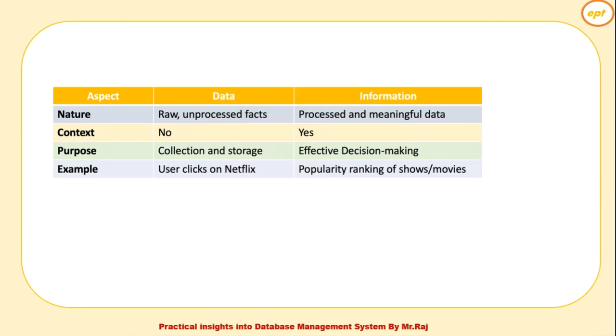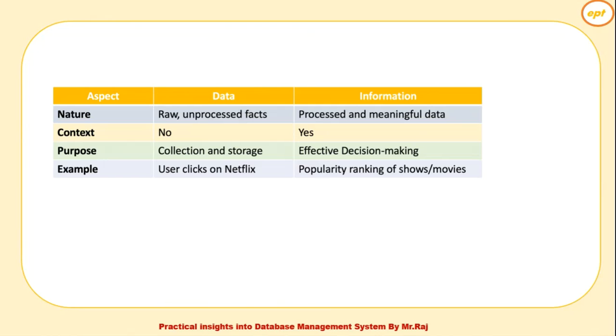What is the basic purpose of data and information? Using raw data, you can't take decisions properly because there is a lot of confusion involved in it. It is very complex to take decisions, whereas using information you can take decisions very properly and effectively.